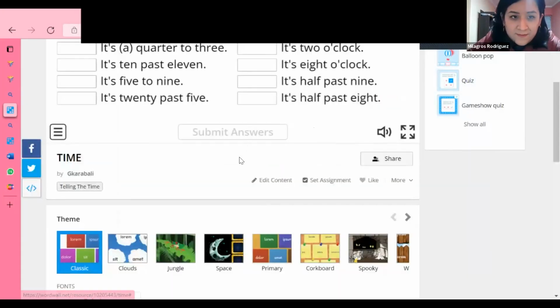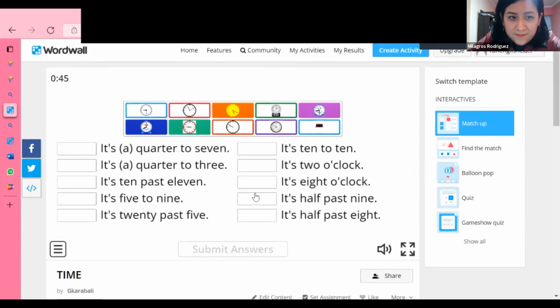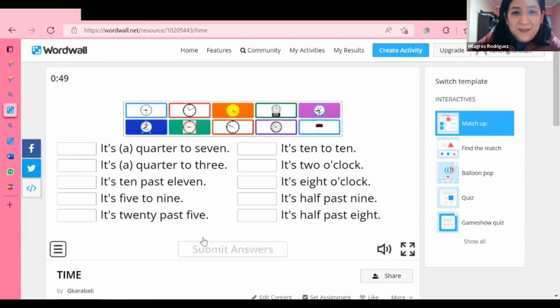You are going to match the two ways of telling the time. Yes, this is individually, this has a counter.